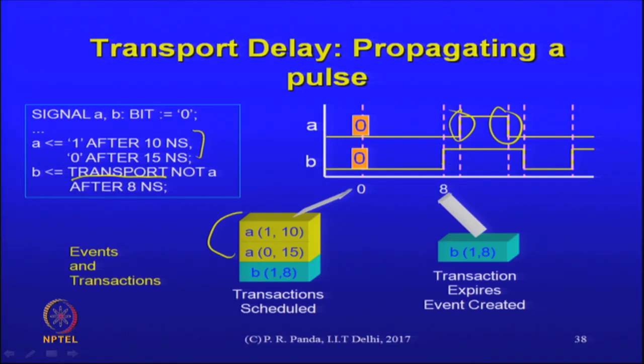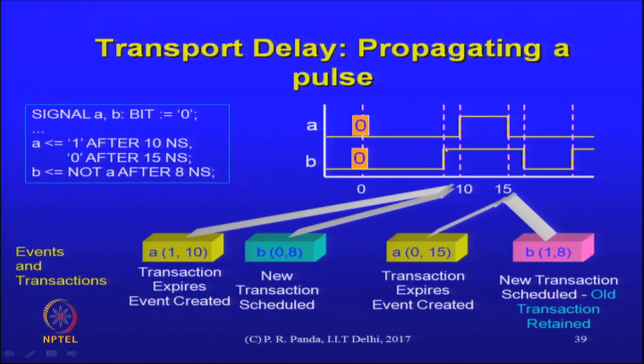B18 is scheduled for time 8, that is the same as earlier. At time 8, that transaction expires, right, the transaction for B expired first and the value of B is changed. So, I have an event being created on B. Let us move on. There is a transaction expiring on A at time 10 and an event is created at time 10.